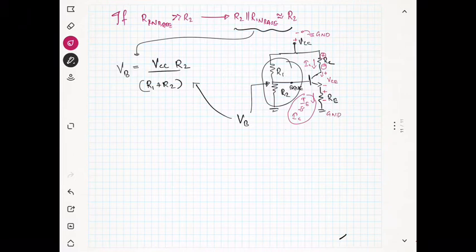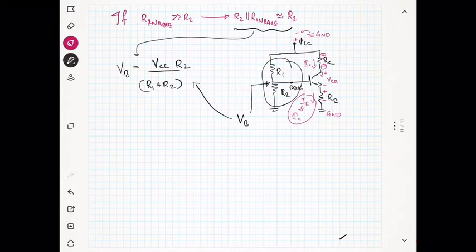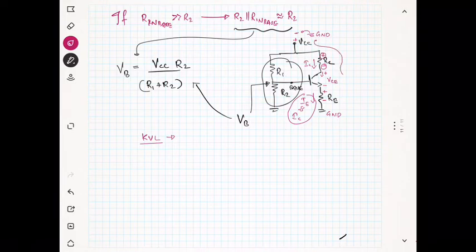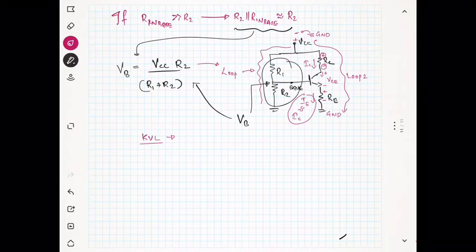This is the loop 2, and whatever we considered earlier by using this equation is loop 1.